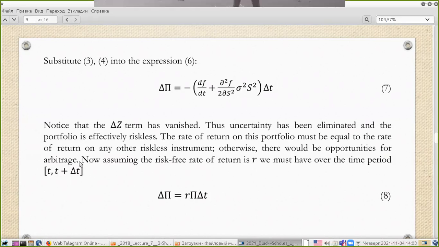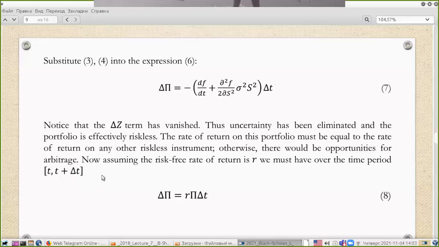Before, we were speaking about the efficient market hypothesis, that on average it doesn't matter whether we buy stocks or we deposit money, the profit is the same if I compare the deposit and the buying of stocks.